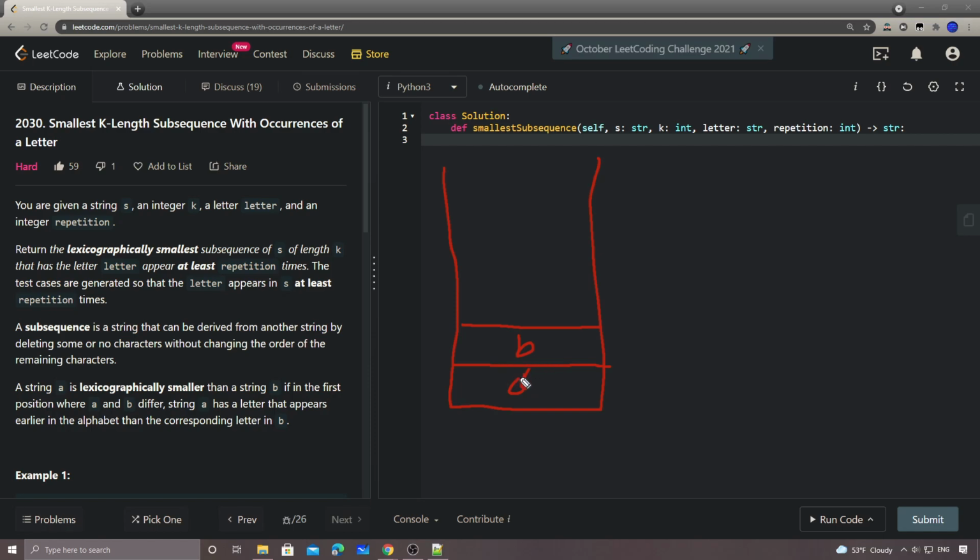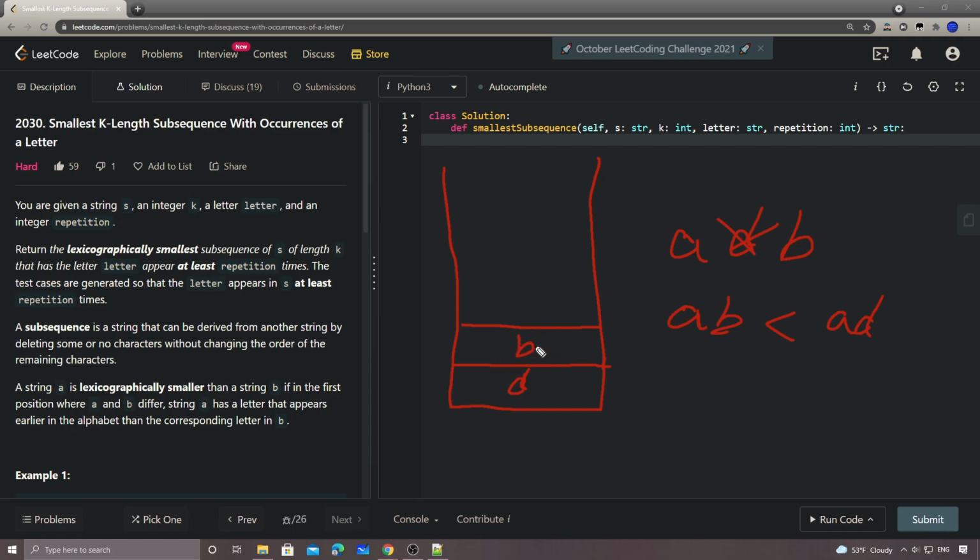Basically if there's an A, D, and B, and we pop the D out, then AB will be smaller than AD. So that's the key idea to solve this kind of lexicographically smallest subsequence problem, right? Basically, we need to use a stack plus some greedy approach.